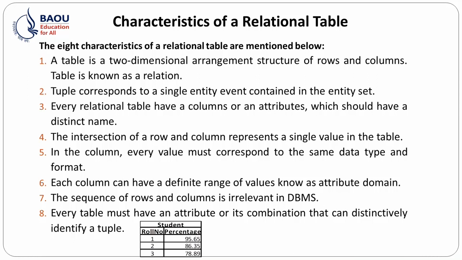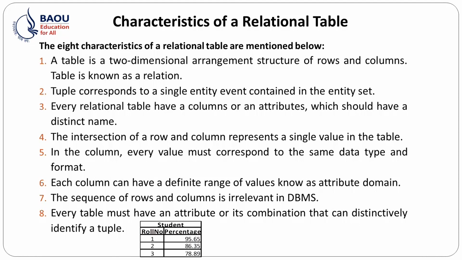The fourth one is the intersection of a row and column represents a single value in a table. The fifth one is in a column every value must correspond to the same data type and format. Like the percentage column has a double data type. Every value in the percentage column is in double data type format.